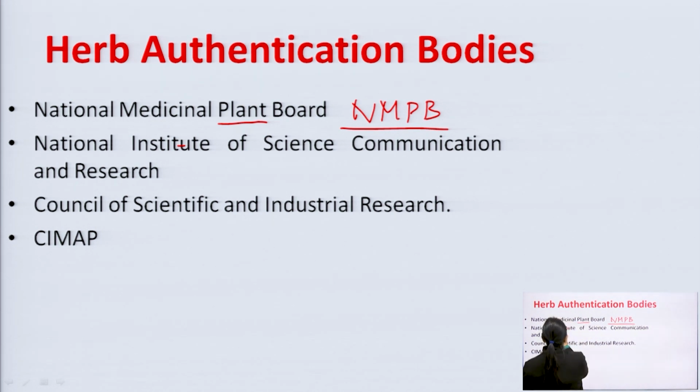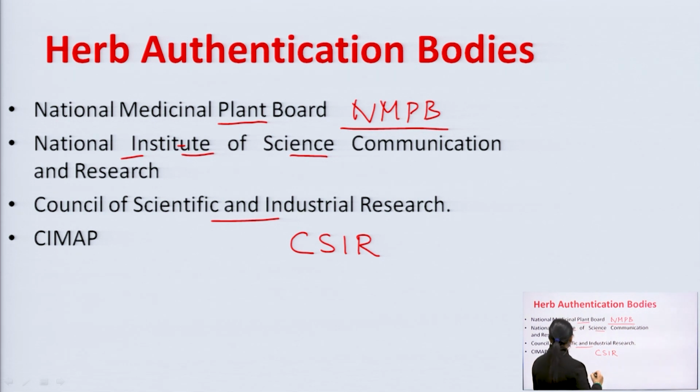Then you have the National Institute of Science Communication and Research, which basically comes under CSIR. CSIR is the Council of Scientific and Industrial Research. This is the largest research and development organization of our country, and the president of this organization is the Prime Minister of the country.